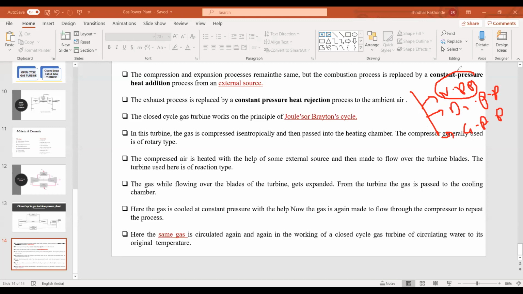These two points are important. In the diesel power plant, the layout diagram is very important. And in the gas power plant, sometimes they ask for the layout diagram or closed loop cycle diagram.